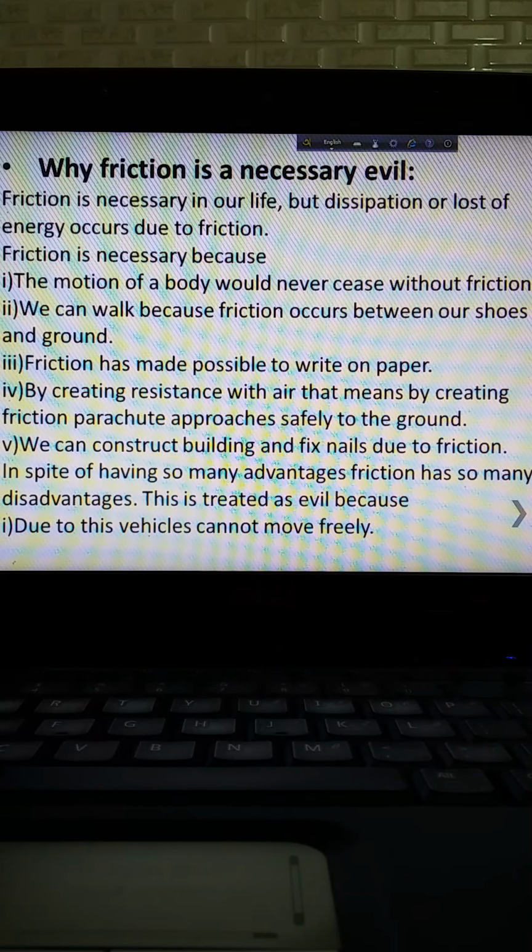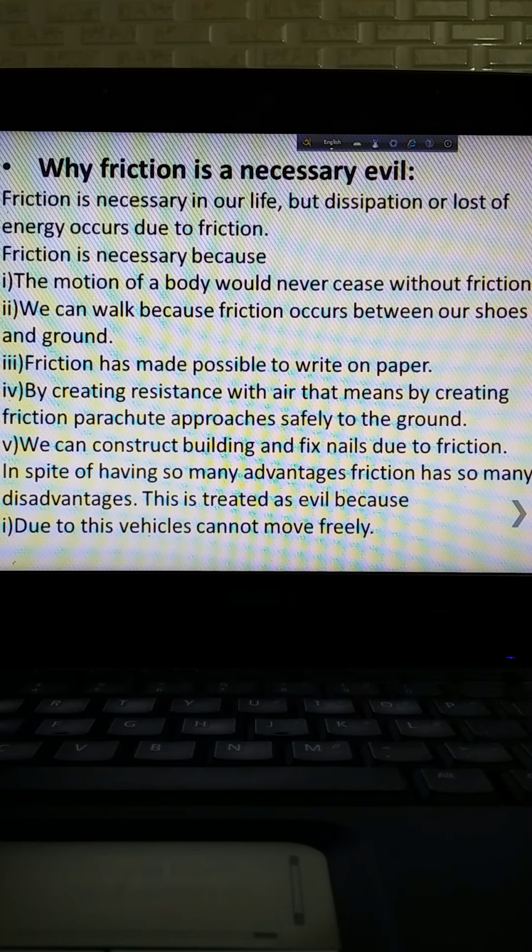Whenever frictional force acts between two objects, some energy is lost here, and that transforms into heat energy. So as heat energy, some energy is dissipated here.